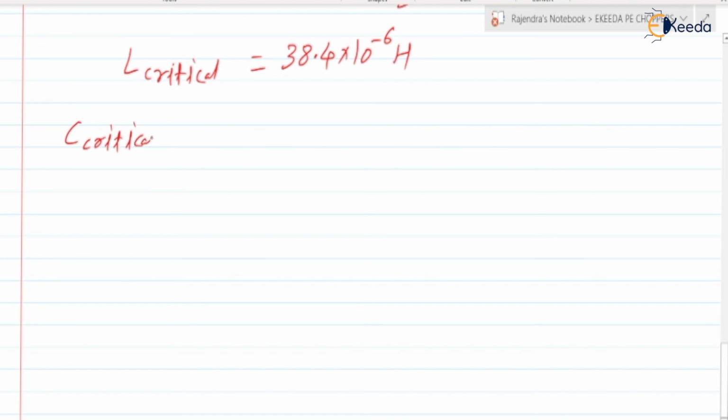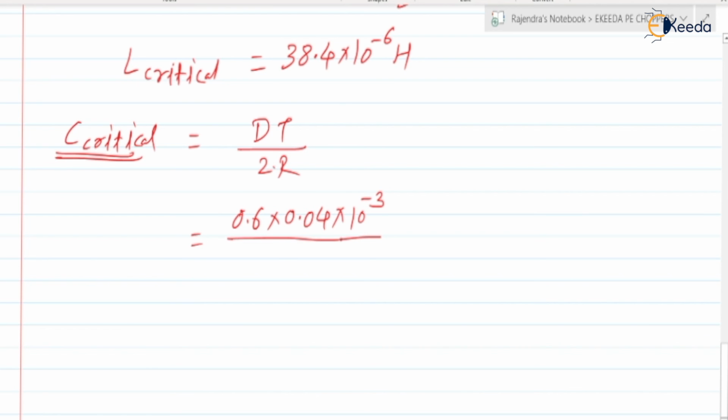C critical, that is the critical value of capacitor, is equal to, the expression for C critical is D into T upon 2 into R. So D is 0.6, T is 0.04 into 10 to the power minus 3, divided by 2 into R. R is V0 average upon I0 average.